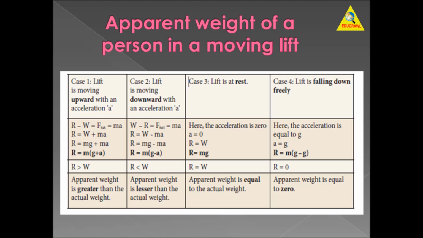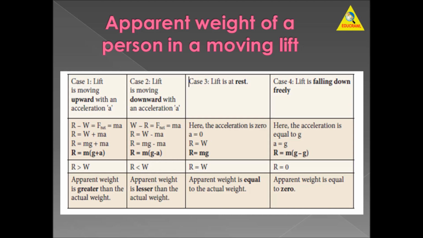Consider the case 1, in which the lift is moving upwards. According to Newton's second law, the net force is given as ma, the product of mass and acceleration. F net is the net force acting on the object, which is the difference between R, the reaction force, and W, the action force.